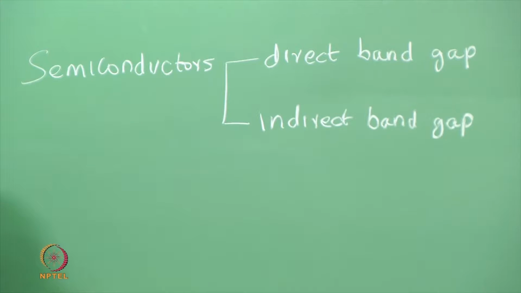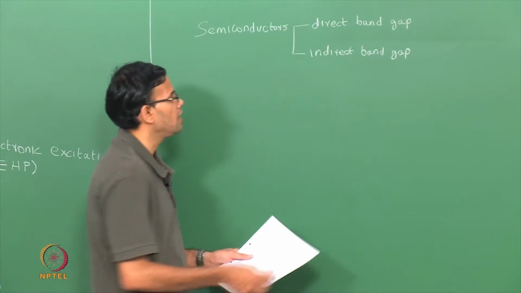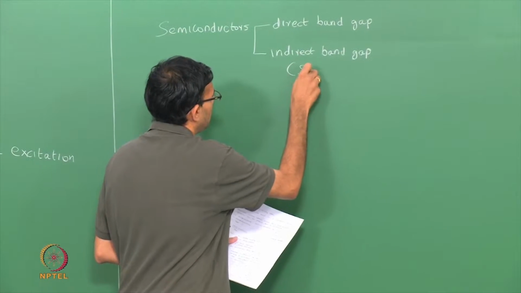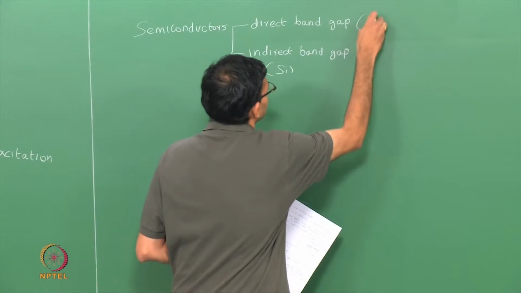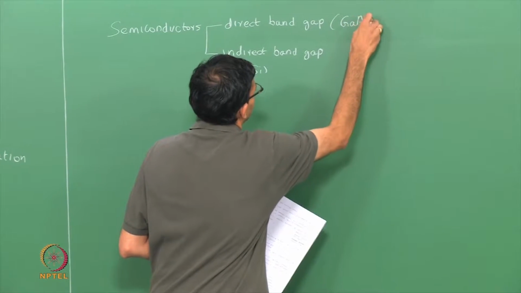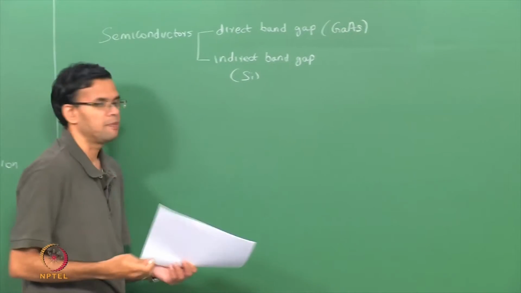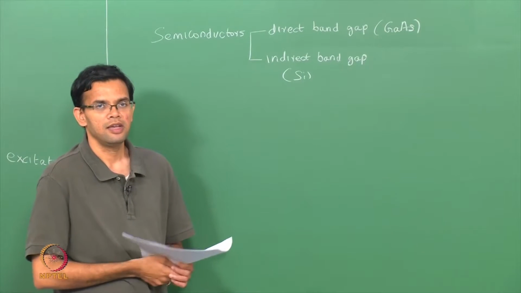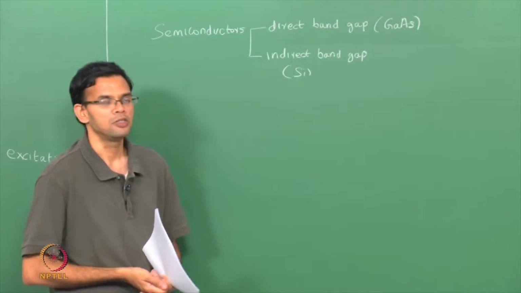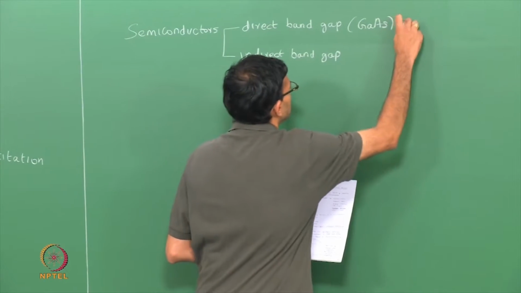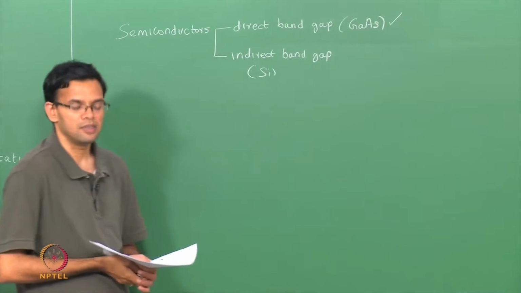In the case of an indirect band gap semiconductor, the energy is released in the form of heat. Silicon is an example of an indirect band gap semiconductor. Gallium arsenide is an example of a direct band gap semiconductor. In the case of an LED, since we want visible light to come out, we preferentially use direct band gap semiconductors.